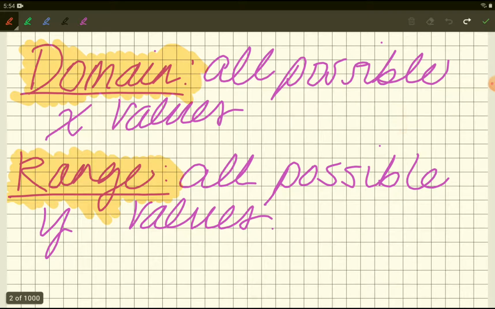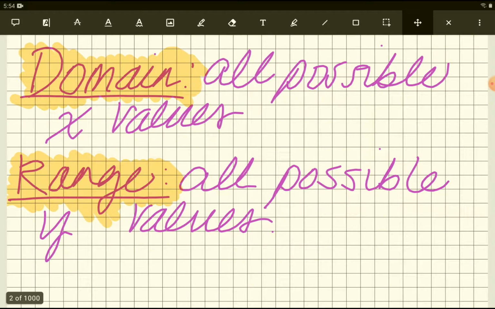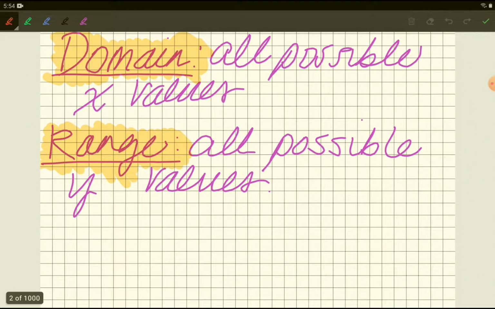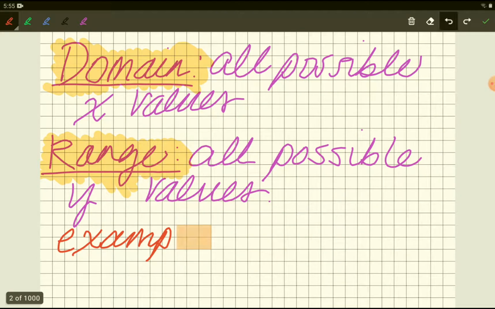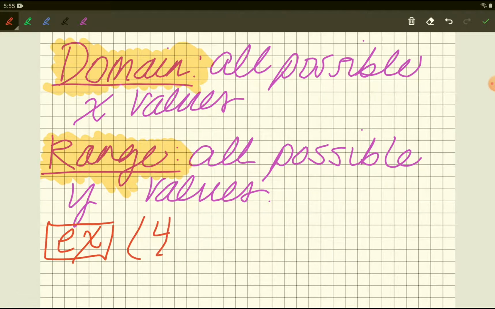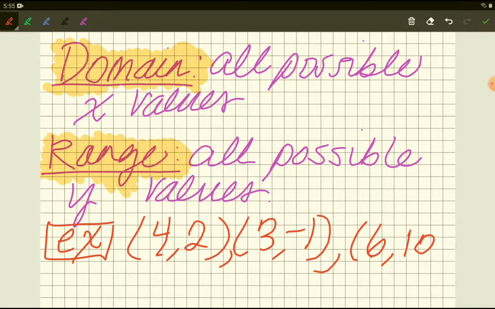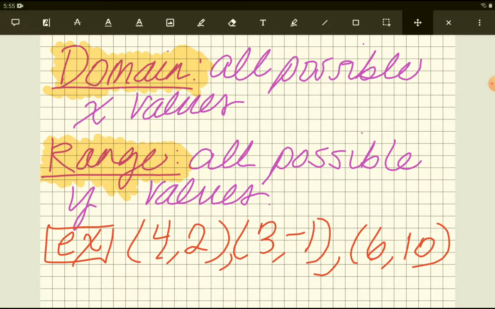For example, say I have a set of points: (4, 2), (3, -1), and (6, 10). Say I have these 3 points.